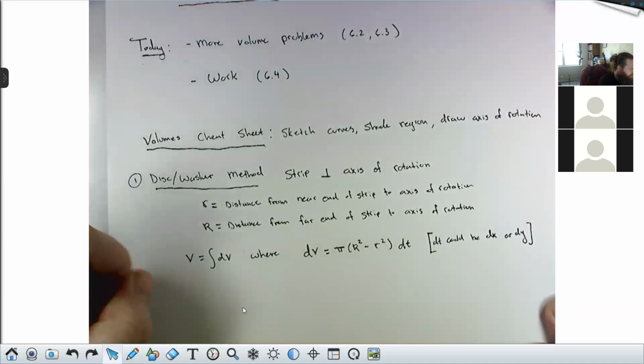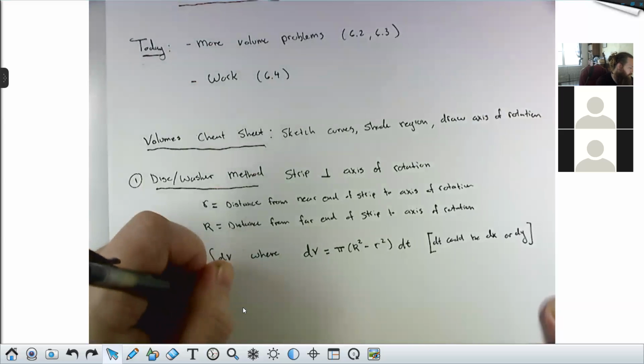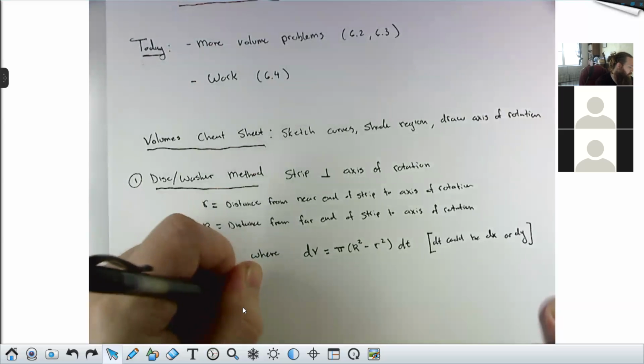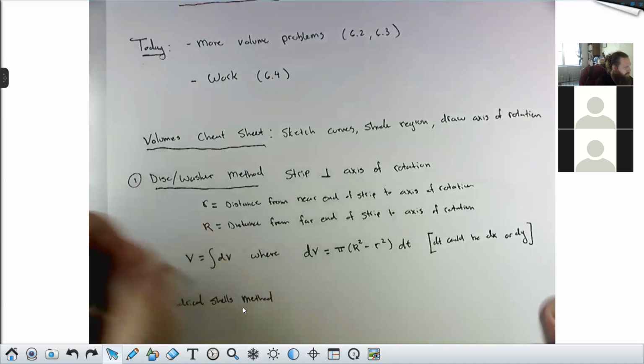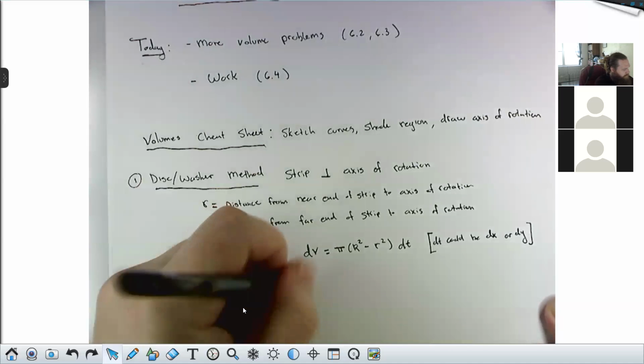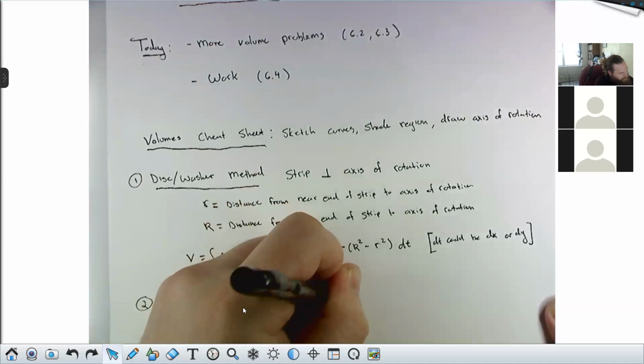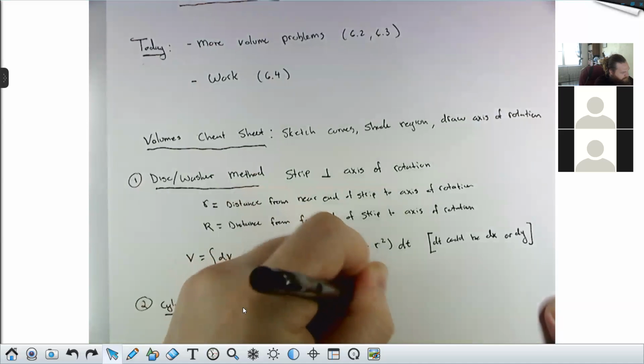For the shells method, the strip is parallel to the axis of rotation.